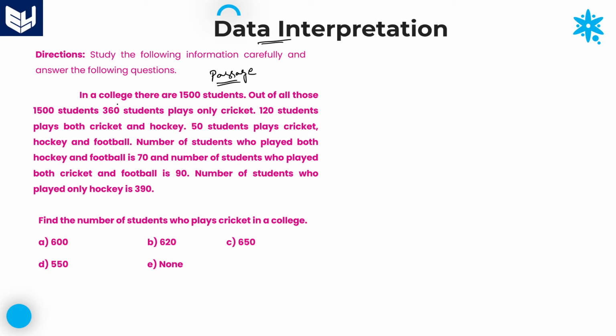The passage says that in a college there are 1500 students in total. Out of all those 1500 students, 360 students are playing only cricket. And 120 students are playing both cricket and hockey.